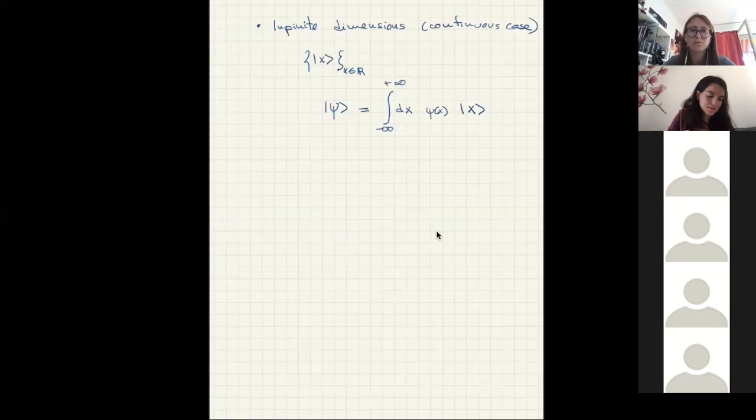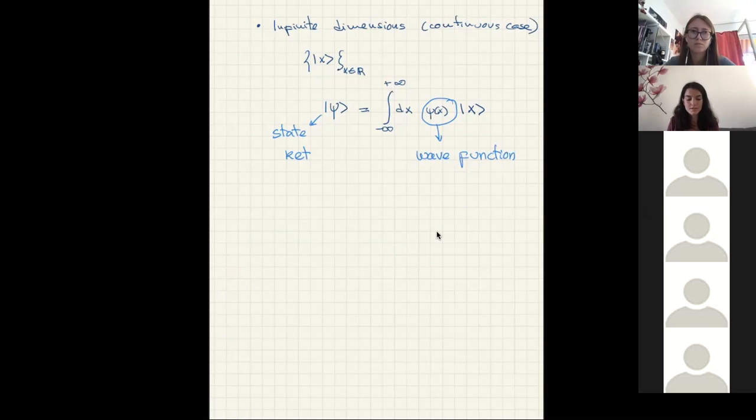And now this thing here is what we call the wave function. And this thing here we can call, for example, the state, the ket, or the state vector. Okay. So how do we go from one to the other? Because sometimes in physics books, you only see the wave function.